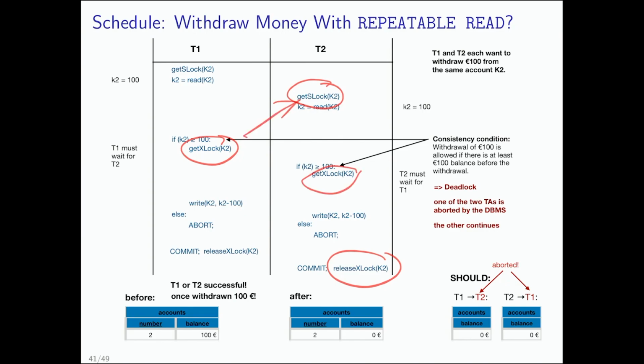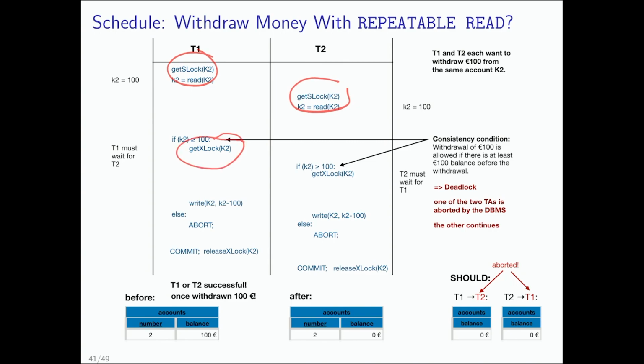I want to acquire that write lock. That's impossible, because there is another read lock that was issued here. So here I get a read lock for T1, another read lock for T2. Here I get a write lock. That's impossible, because this is blocking. Here, get a write lock. That's impossible because this is blocking.